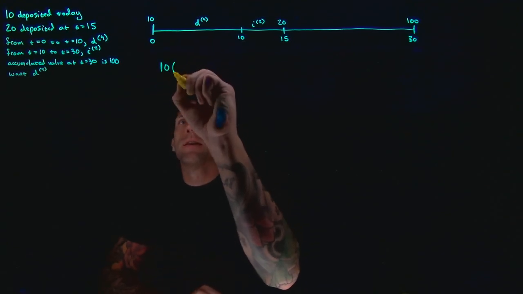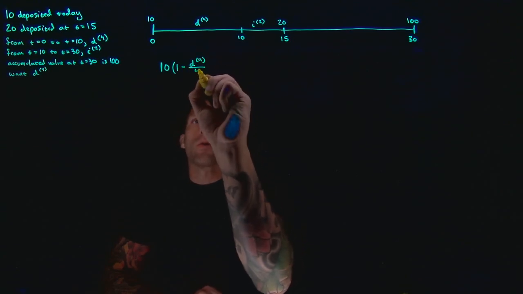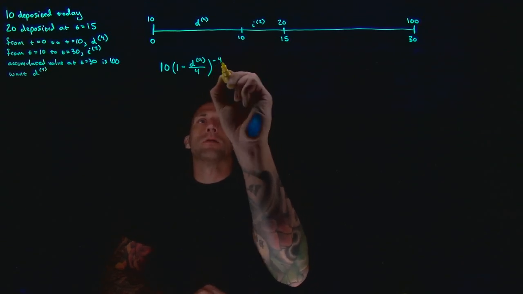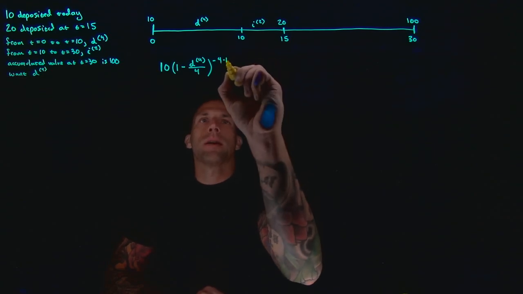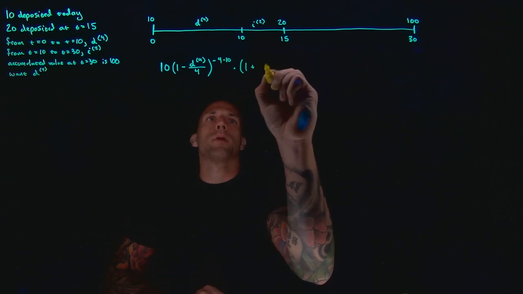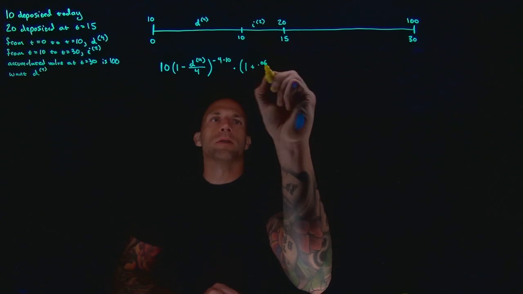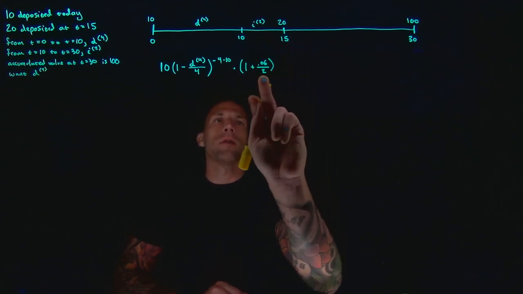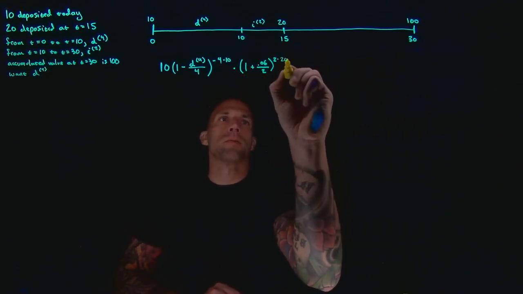Deposit 10 and accumulate at our quarterly discount rate, raised to the four compounds per year times 10 years, times 1 plus, going over to our semi-annual interest rate, which we know is 6%, compounded twice a year for an additional 20 years.